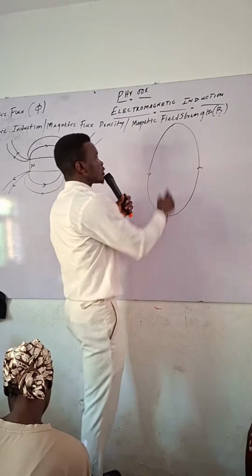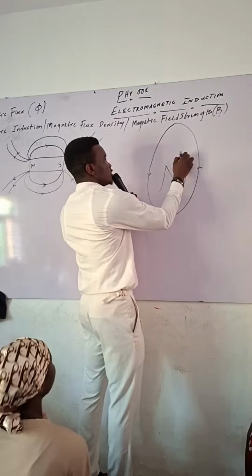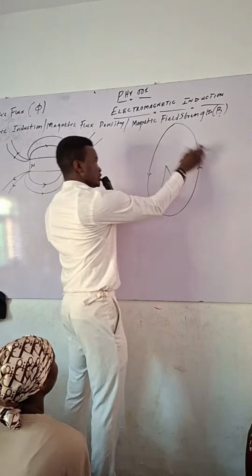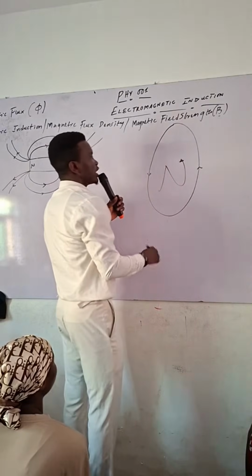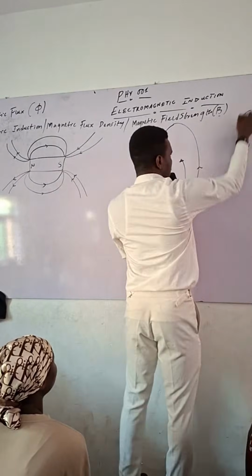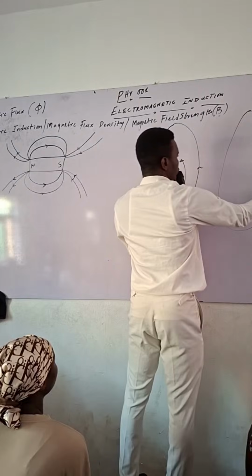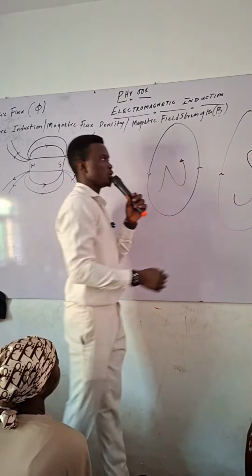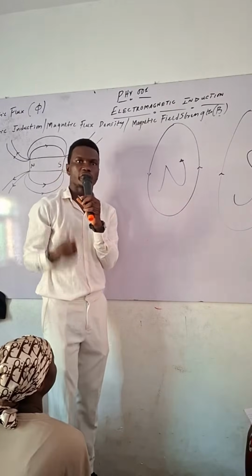The face is going to be north, Abby. So when the current is flowing anti-clockwise, the face is north. Now, if the current flows clockwise, I said the face is going to be south. So these were the things we have done before.